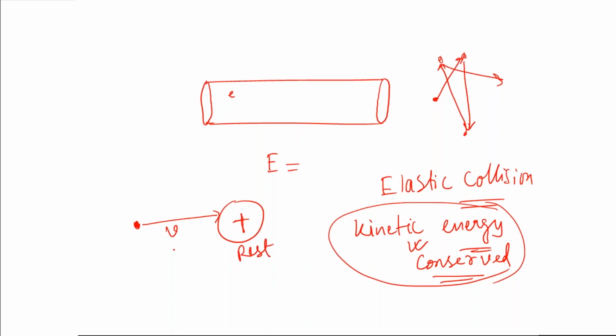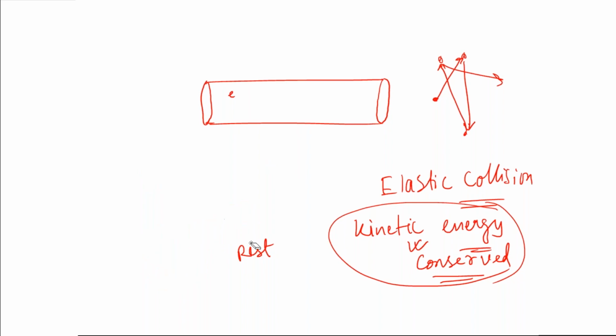So the electron will rebound back with the same speed, that is, minus v. This is how we think that the speed of the electron is the same before collision and after collision. So this is one assumption.